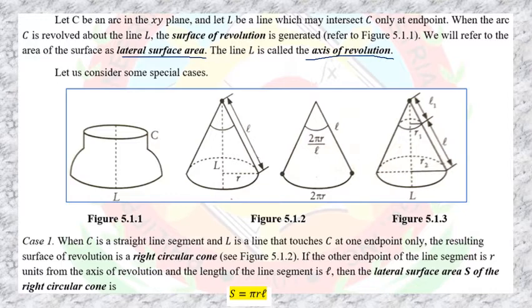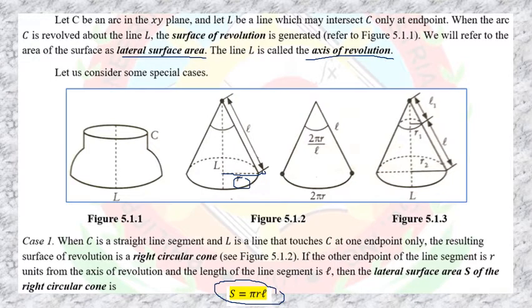So if the other endpoint of the line segment is r units from the axis of revolution, let's say this is the axis of revolution, line L, and the length of the line segment is L, then the lateral surface area of the right circular cone is S equals pi RL.